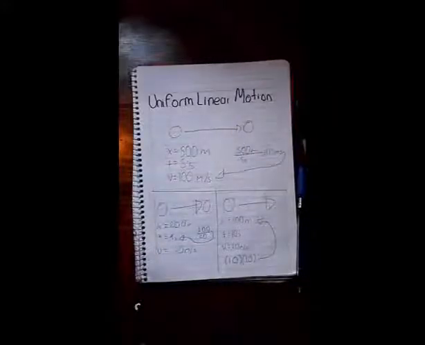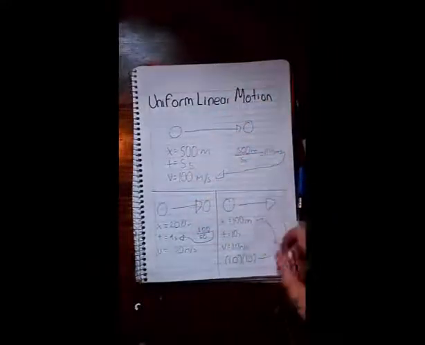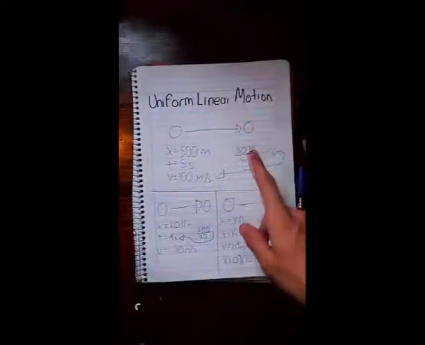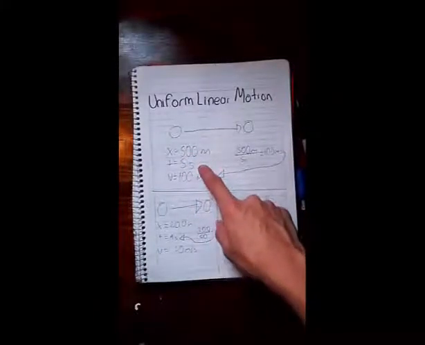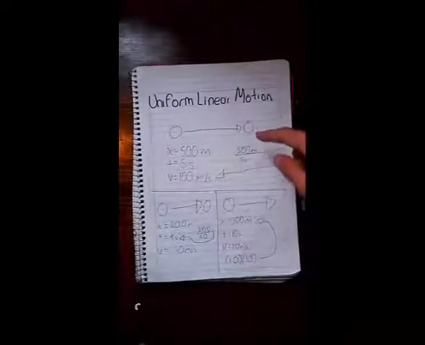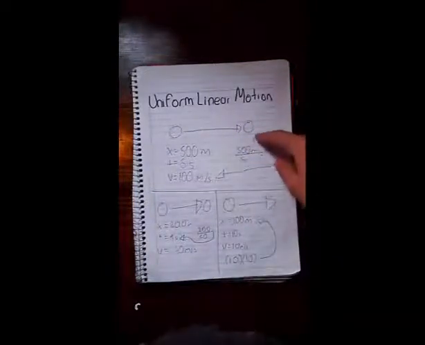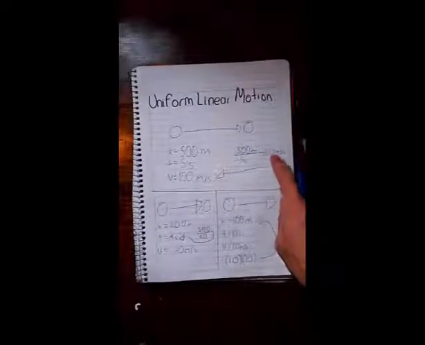Uniform linear motion. In uniform linear motion, we study the movement of a body with a constant velocity. For example, if a body moves 500 meters in 5 seconds, it means that we divide 500 meters by 5 seconds, and it will give us that it has a velocity of 100 meters per second.